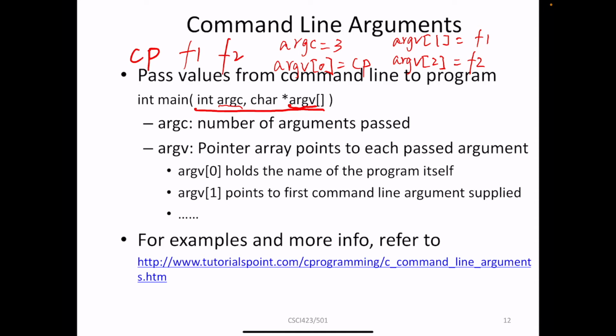Then some students may ask, okay, Dr. Wang, what if I pass a sentence as an argument into the command line? Can I do that? Surely you can do that. For example, in your command line, you have a compiled file named a.out, and also an argument "test test".